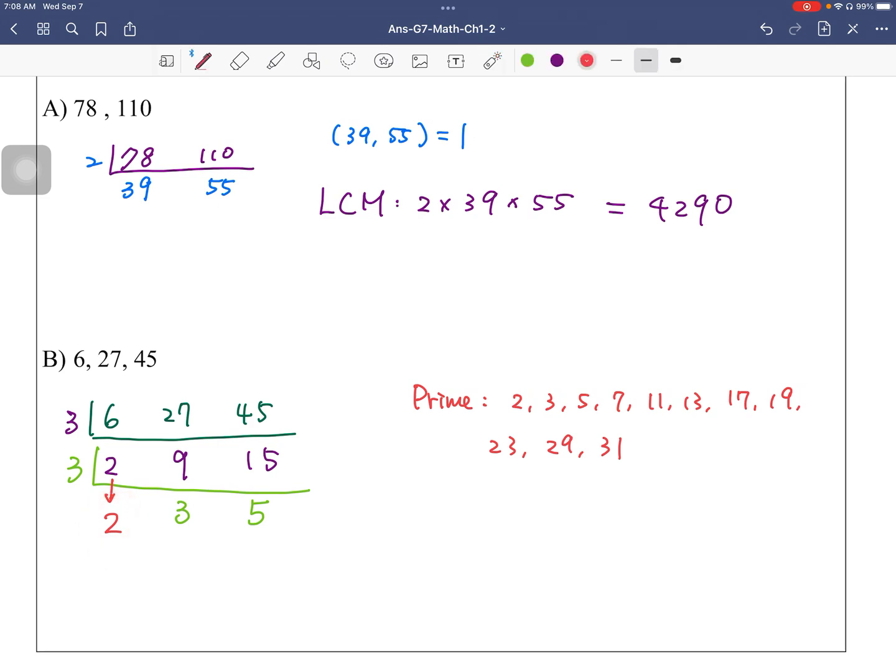If I can find a factor that can divide two of the numbers, I should go ahead and do it. So the least common multiple is 3 times 3 times 2 times 3 times 5, which is 9 times 6 times 5. That is 270.